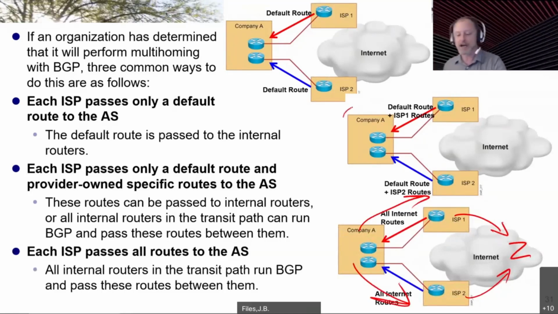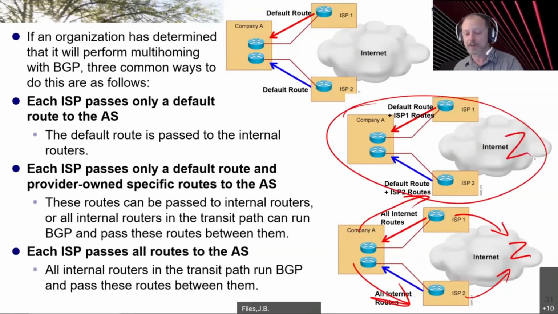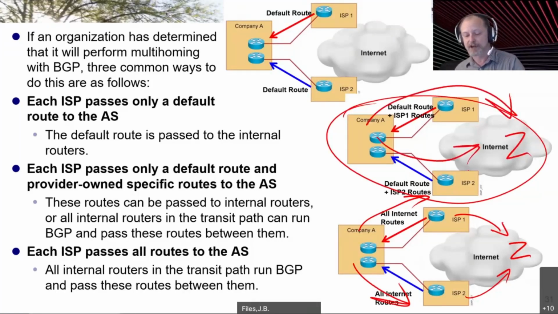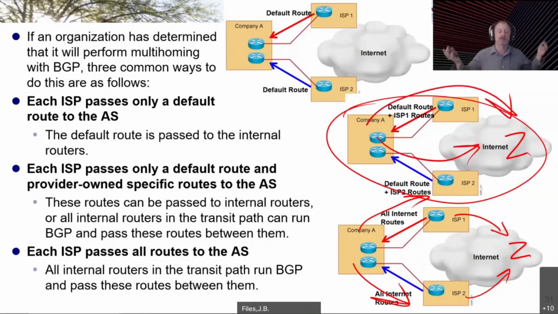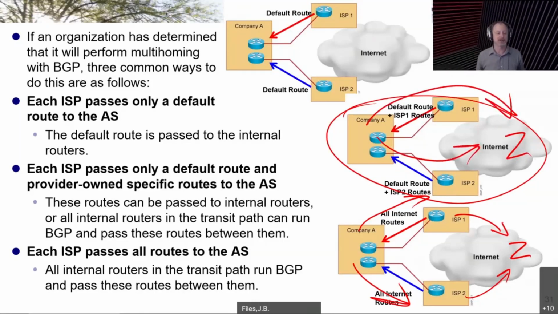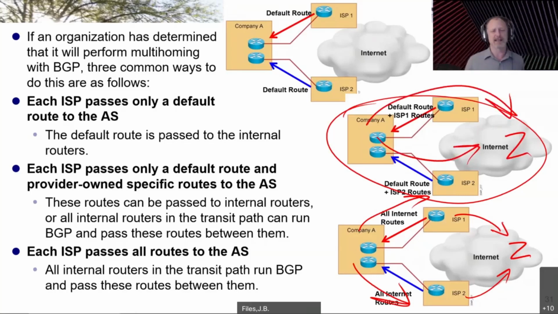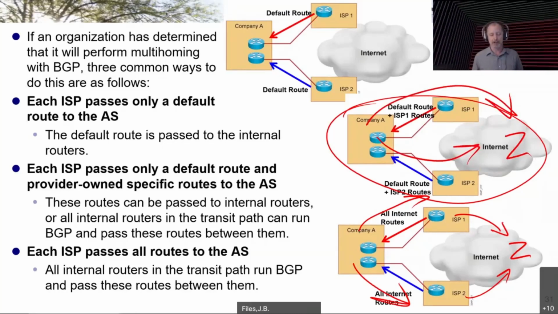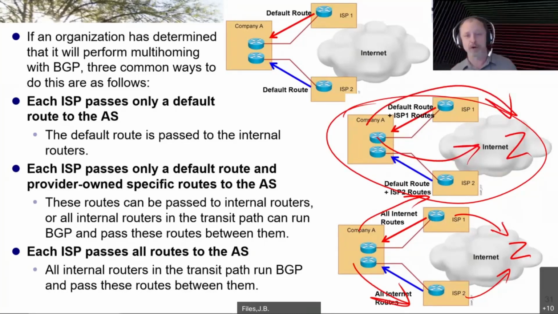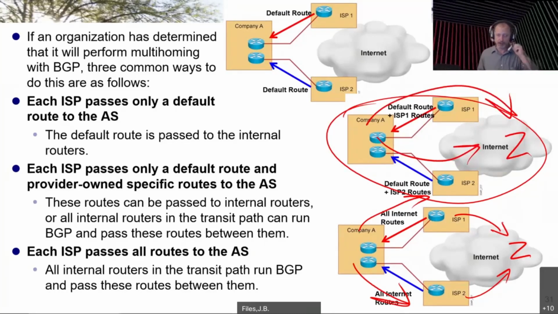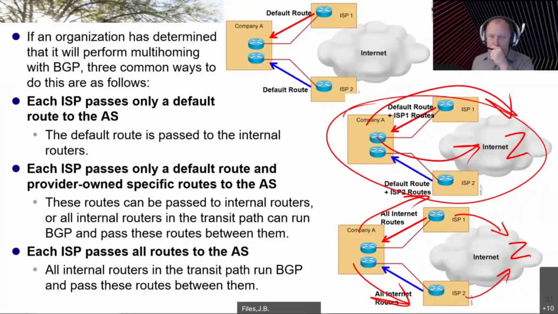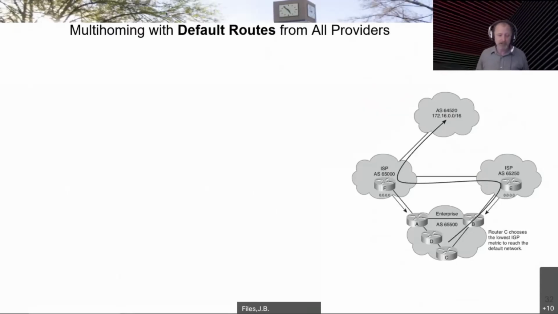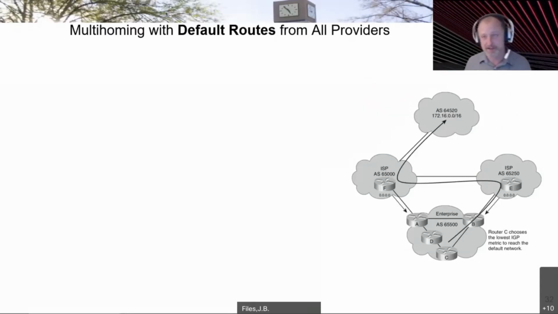Whereas up here, if we're relying on the default route, this route might be better, but we might go that way because of the default route. So with that middle option, we're not necessarily going to optimize routes. We're not going to take the absolute best path for routes that aren't part of ISP1 or 2. With these default routes, we might not get the best situation.